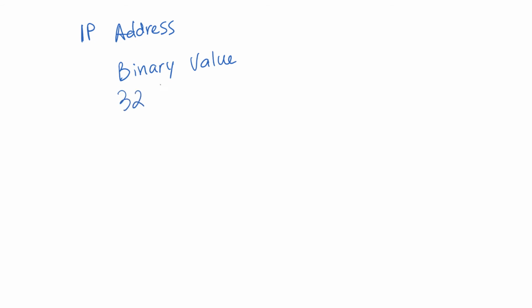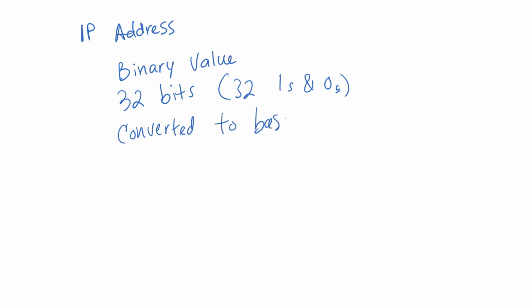It is 32 bits. So 32 ones and zeros. When we look at an IP address, it's often converted to base 10 so we can understand it.